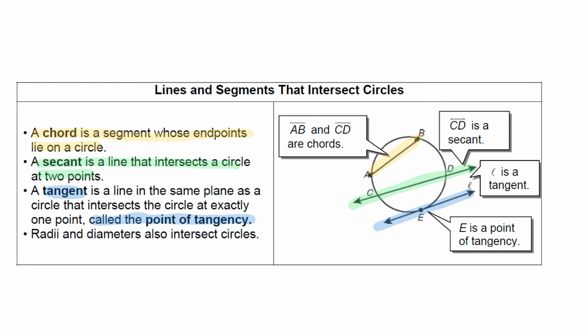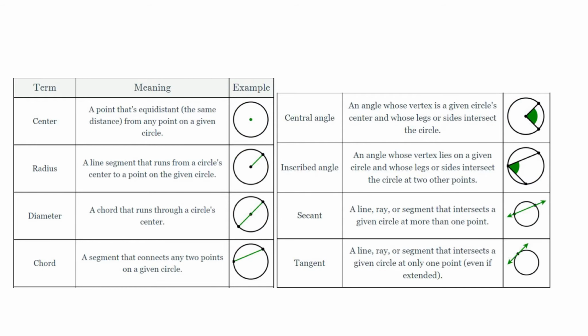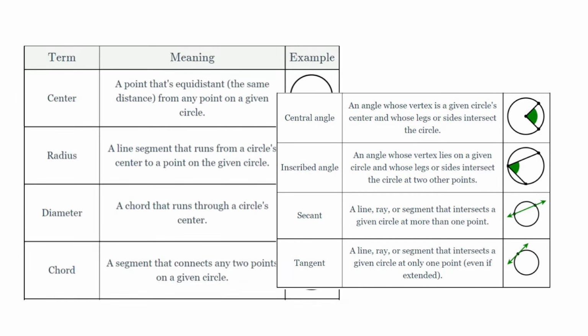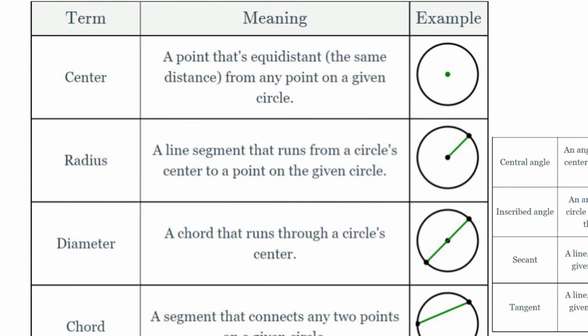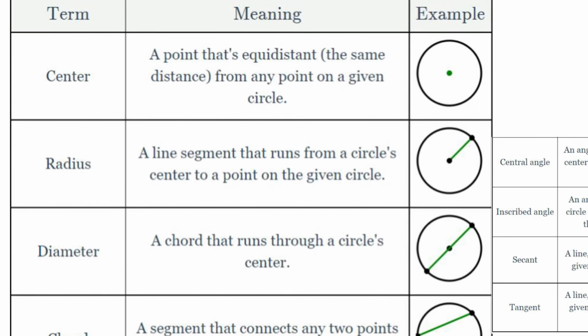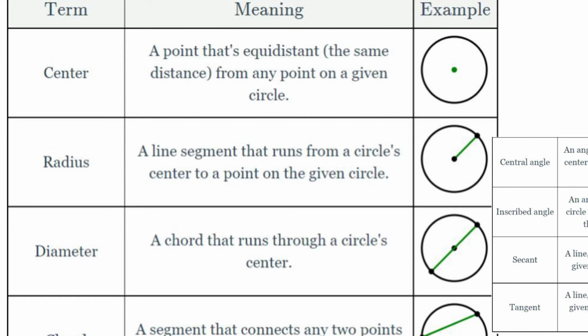So this is a sheet that I put together as well for you guys on the Canvas page. You got this from Delta Math, so you guys might see this as well. But here are all of our parts of the circle. Of course, the center, pretty self-explanatory, is the same distance from any point on the circle.